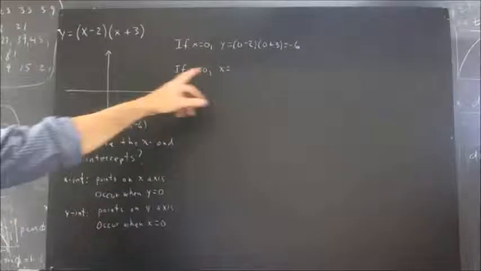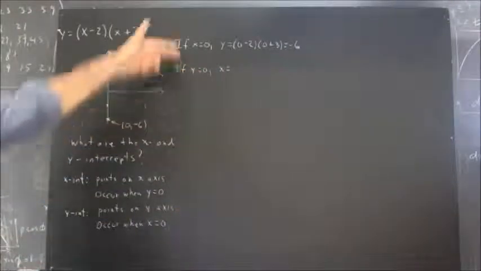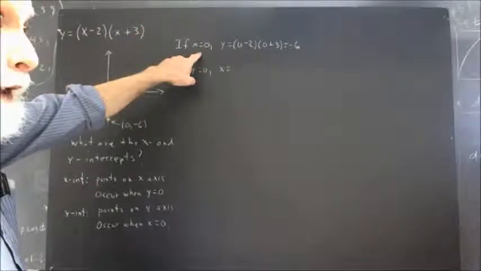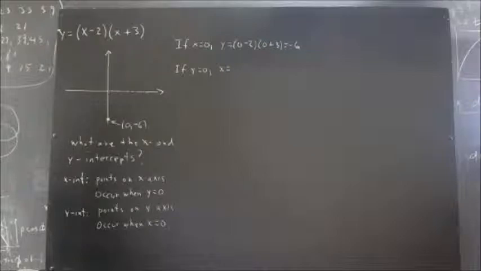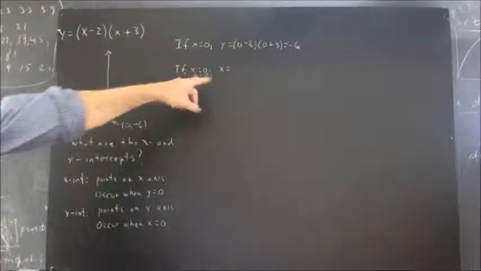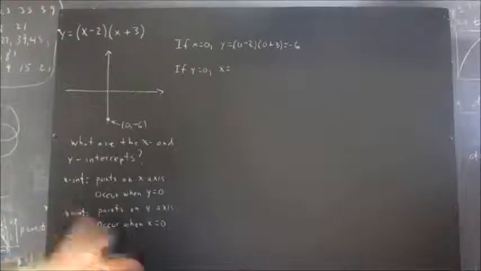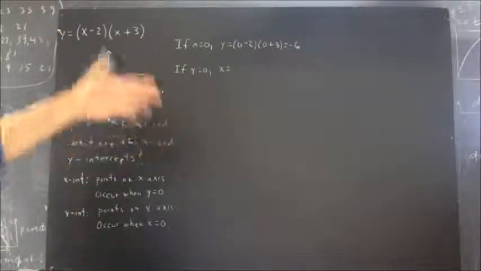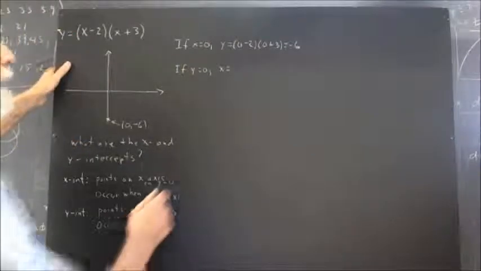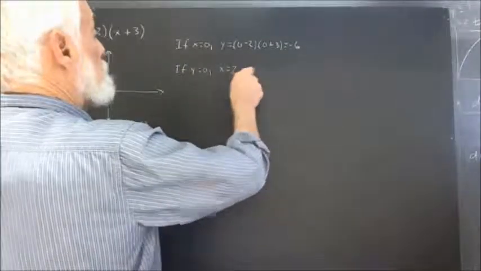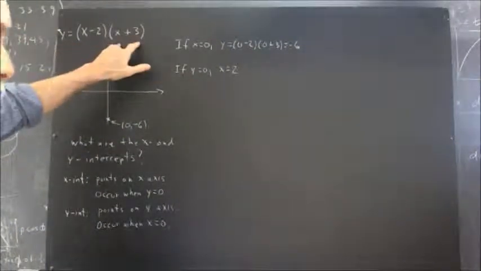Okay, now if y equals 0, what's x? Now there might be more than one answer to this or to this. Now there's only one answer here. You plug in x equals 0 and you get what you get. But if y equals 0, what? Can you give me a value of x that makes y 0? Well, okay. x equals 2, because if x equals 2, you have 2 minus 2 multiplied by x plus 3.